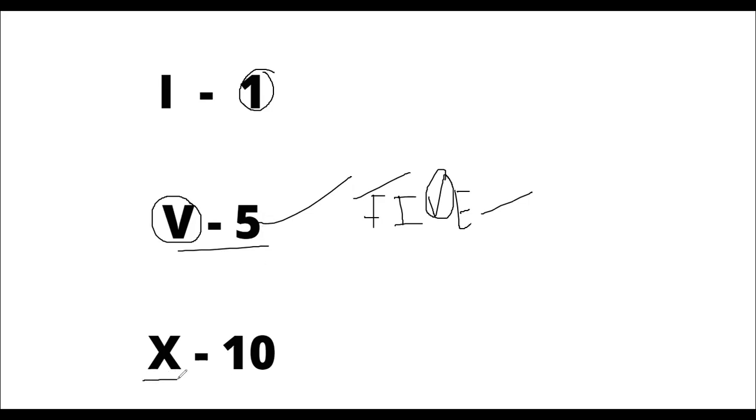Then there is something like X. X means 10. Why does X mean 10? 10 can also be written as V plus V equals 10. But no, it doesn't look good. So what will I do? I will just quickly make two V's together.